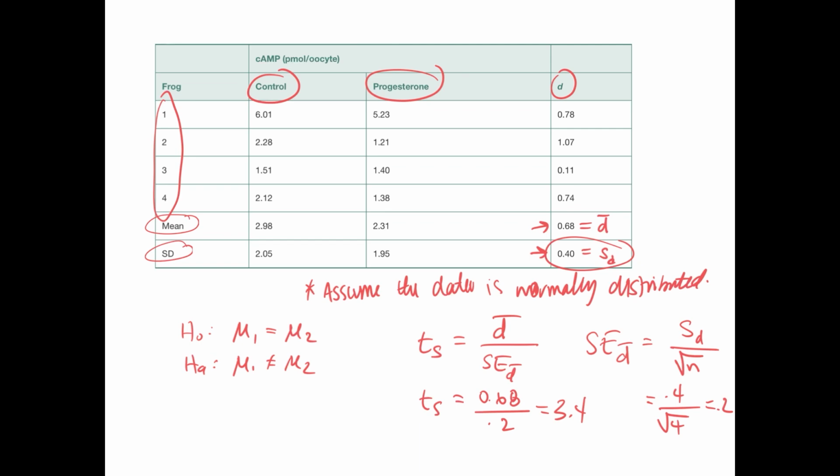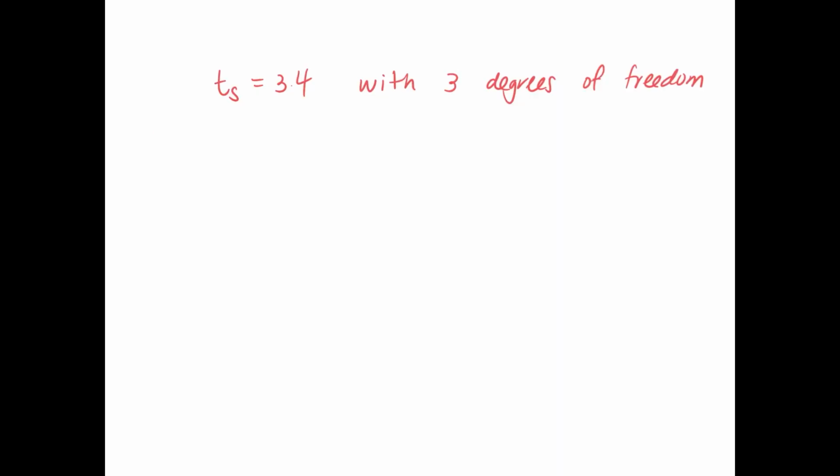We will take that quantity to the t-table, but before we do that, we need to know the degrees of freedom. When we are talking about paired data, the degrees of freedom is just the number of pairs minus 1, which here is 4 minus 1, which is 3. I've written the test statistic here with the degrees of freedom.